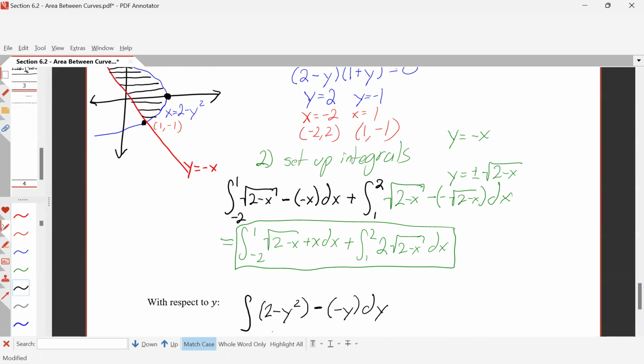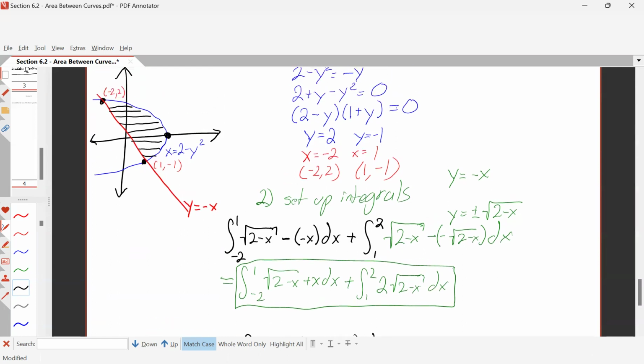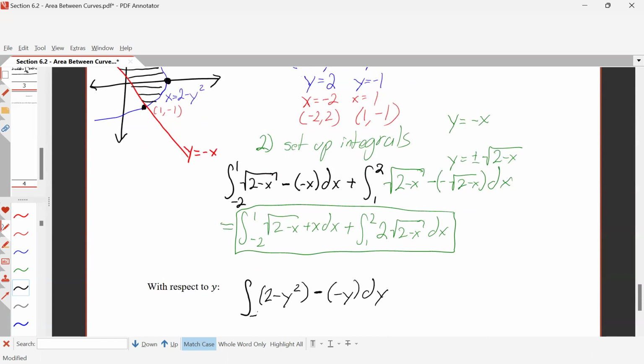And our bounds are the bounds in terms of y. This is happening between -1 and 2 along the y-axis. So those are our lower and upper bounds, giving us the integral from -1 to 2 of 2 minus y squared plus y dy.